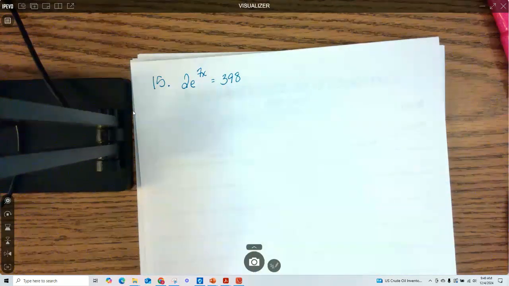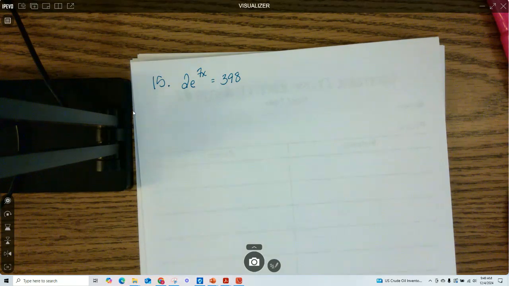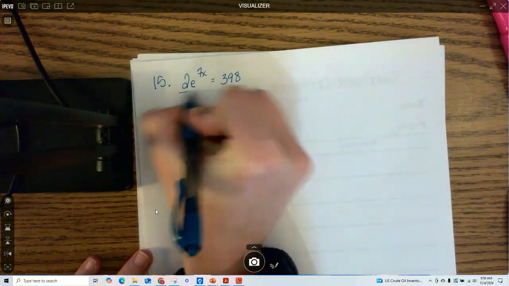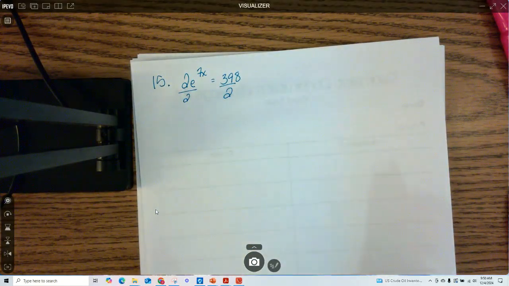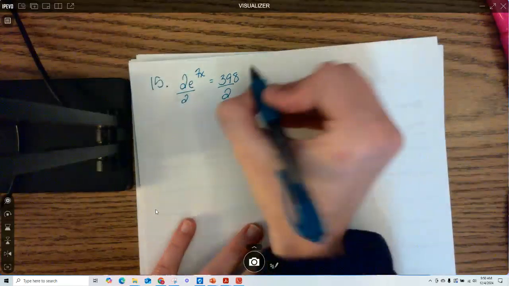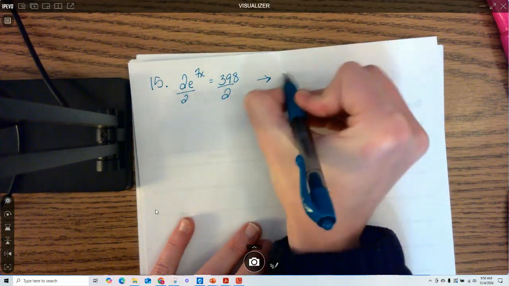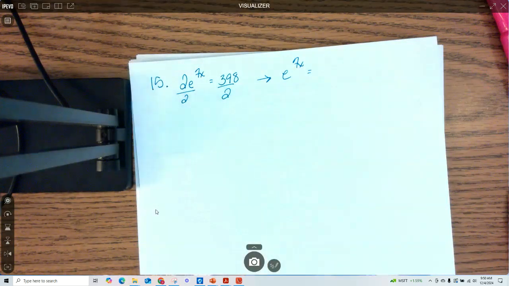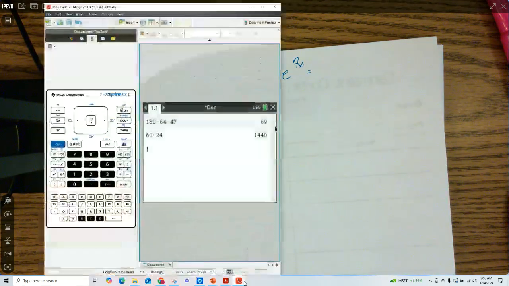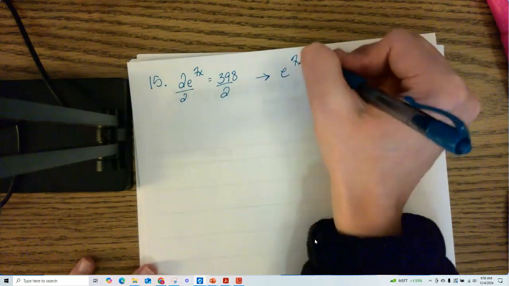So first, divide both sides by 2. Then we get e to the 7x equals 199.